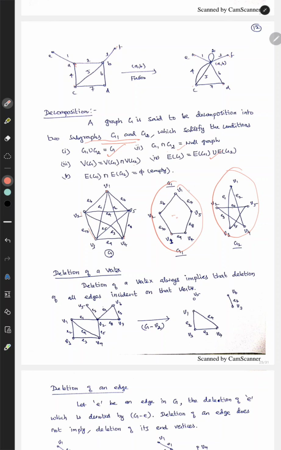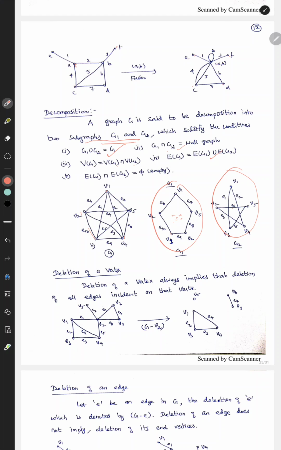So basically the decomposition into two subgraphs of a given graph should contain all the vertices in the given graph. Both these decomposition subgraphs should contain all the vertices of the graph, and there shouldn't be any common edge between the decomposition subgraphs. But if you take the union of these two subgraphs, you should be getting the original graph G, right?